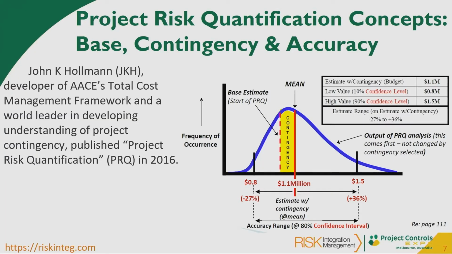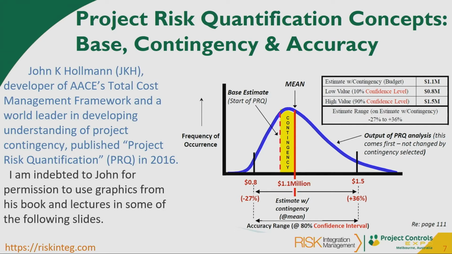Okay, so a person from AACE, John K. Holman, who's a life achievement member of the AACE, and was out here in 2018, developed their total cost management framework and has developed a lot of thinking about risk and quantification of project risk. And he has provided some of the slides that I'm showing you now.